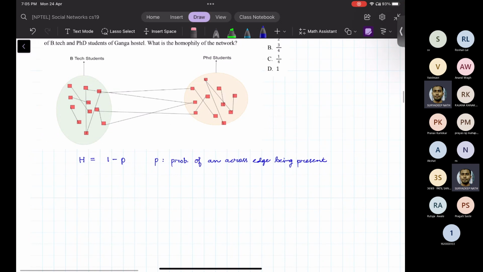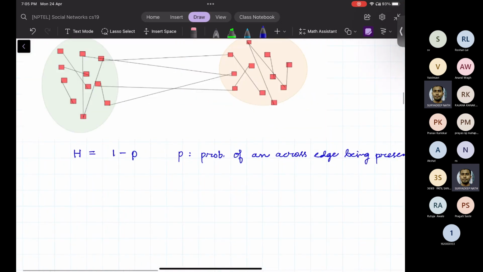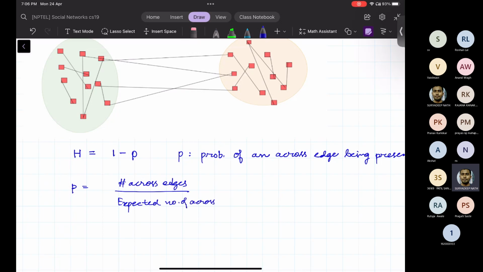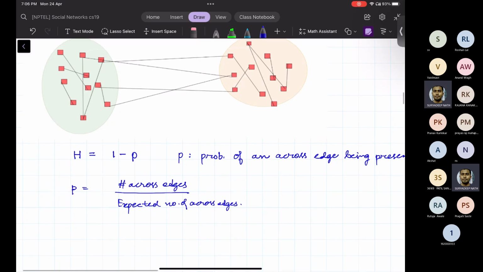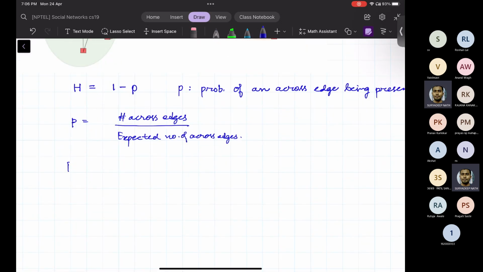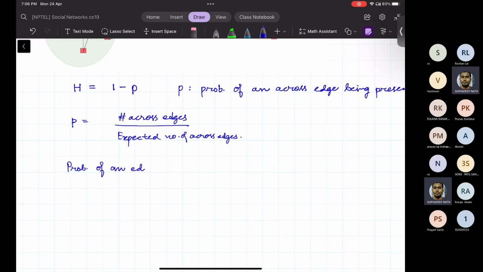So how we compute this probability P is basically P is calculated as number of across edges over expected number of across edges. For that, we first find out the probability of an edge being an across edge.